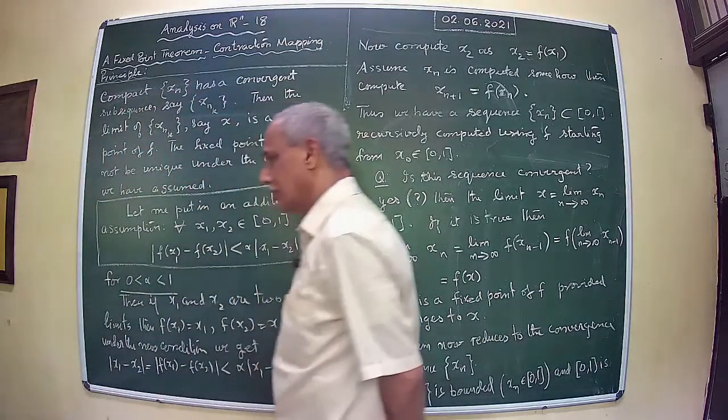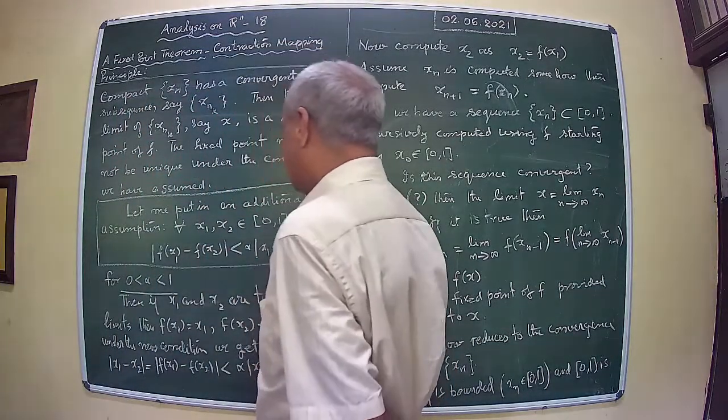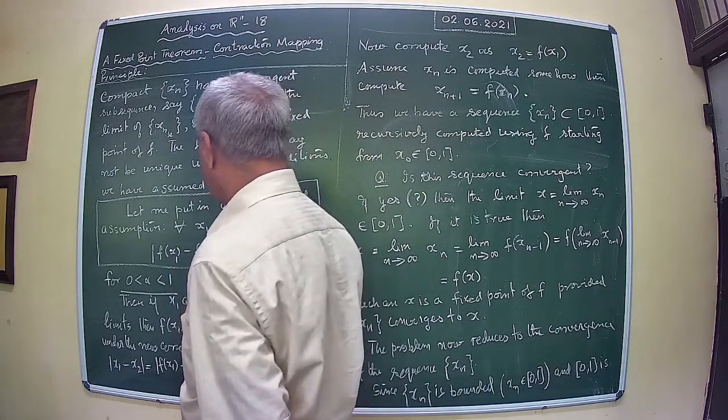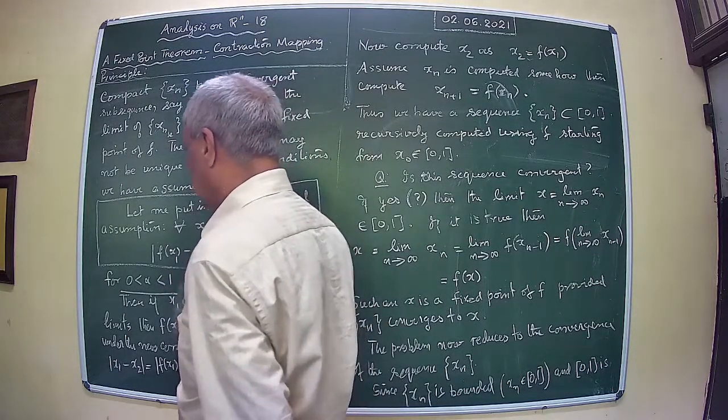Therefore, what is our theorem? And what is this condition? This condition is, you have f acting from [0, 1] to [0, 1].